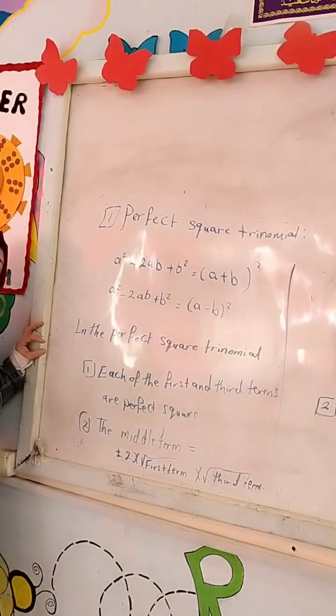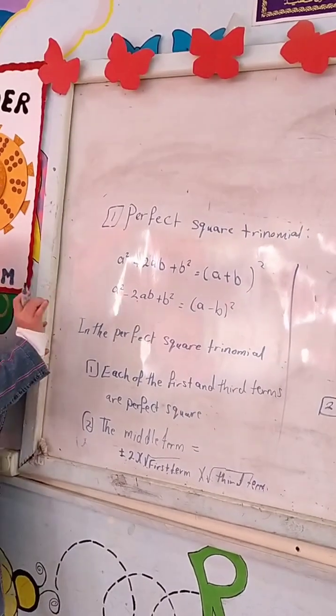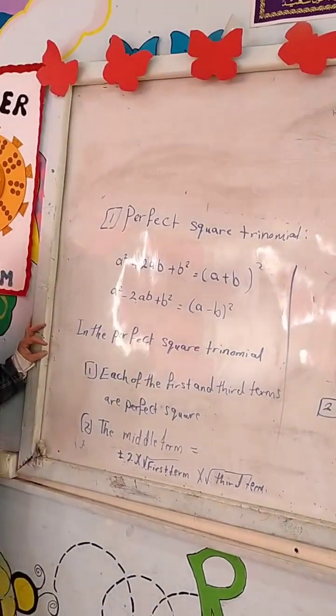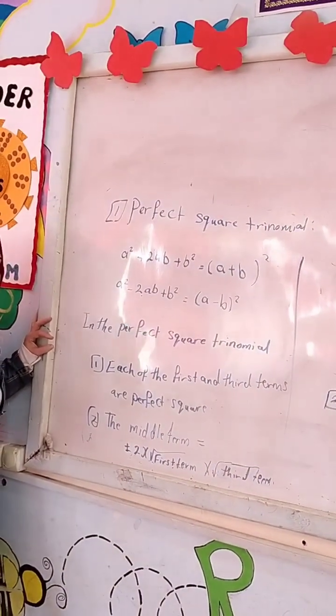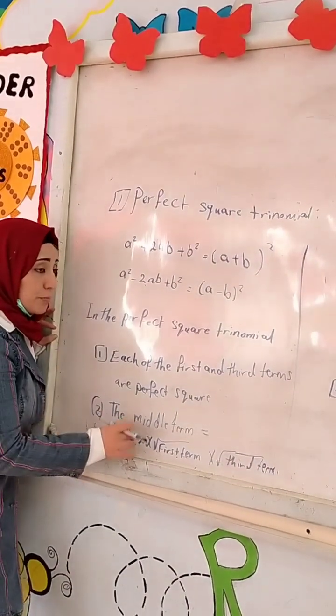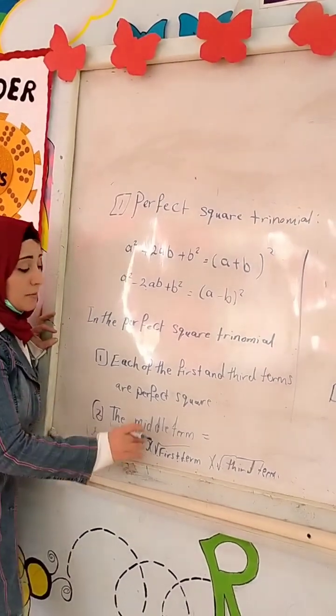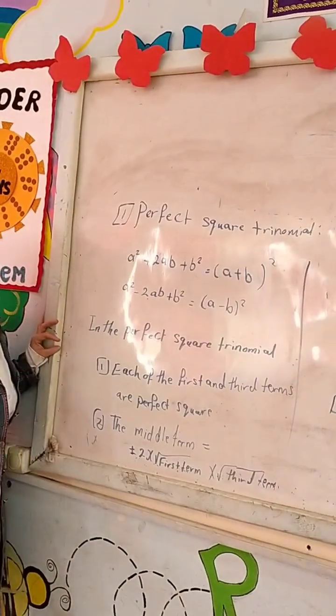So our most important condition to determine if this expression is a perfect square trinomial or not is the middle term. The middle term must be equal to positive or negative 2 times the square root of the first term times the square root of the third term.